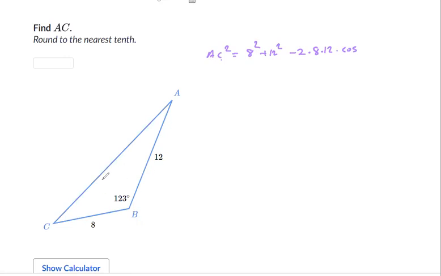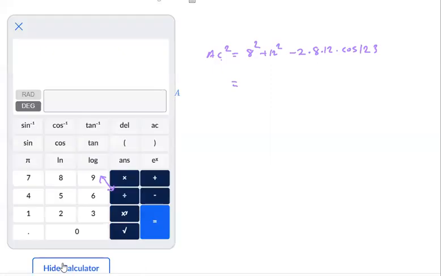Since we are taking AC alone, the angle opposite to AC is angle B, so that should be the cosine of 123. Now there's just manipulation. You can plug into the calculator at this step, or simplify first and then plug in after. Let's do this right now.